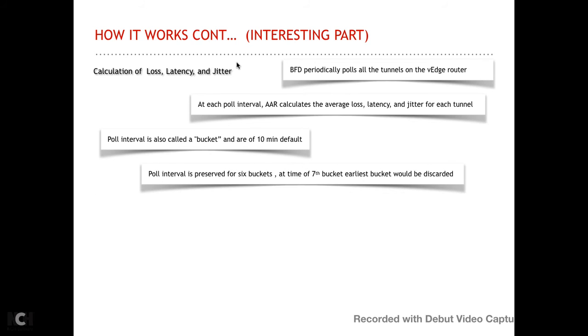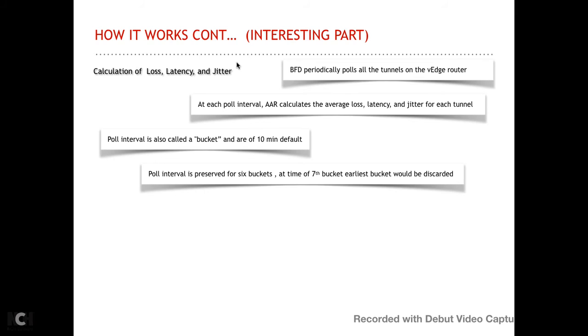Understand? So after 10 minutes, you get one poll interval. By default, there are 6 buckets preserved in this particular vEdge router. So if I say 6, it means 1 hour. So 10 minutes for one bucket, which has all the data calculation and gathering for almost 600 packets, right?